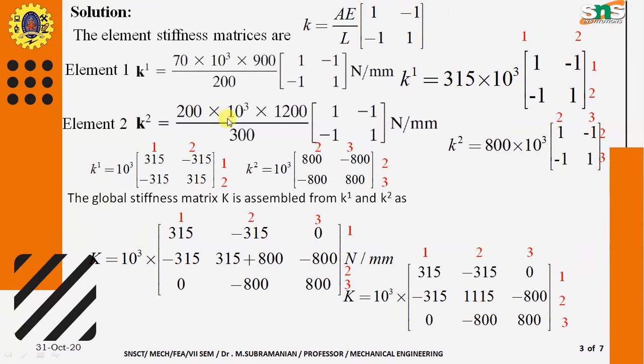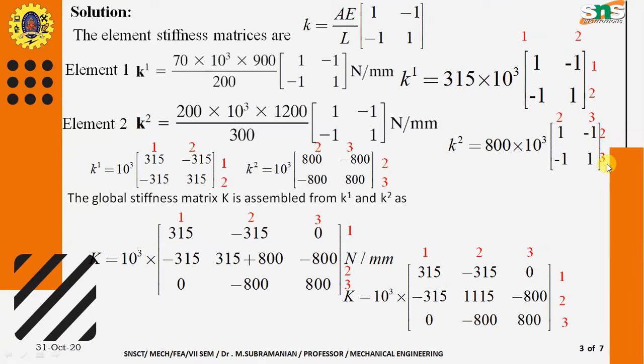Multiplying, we get the final matrix for K2 as 800 into 10 power 3 times 1, minus 1, minus 1, 1. Element 2 has nodal points 2 and 3, which indicate the global degrees of freedom 2 and 3.